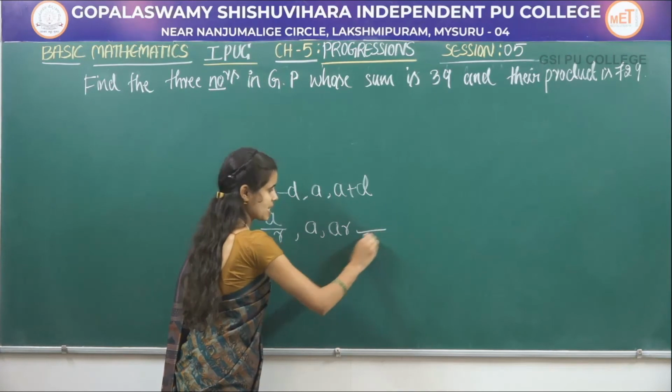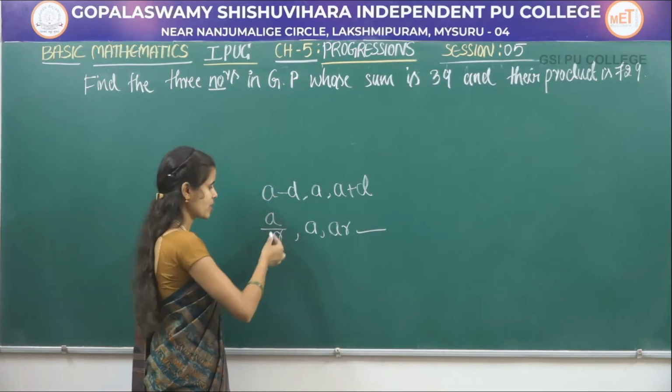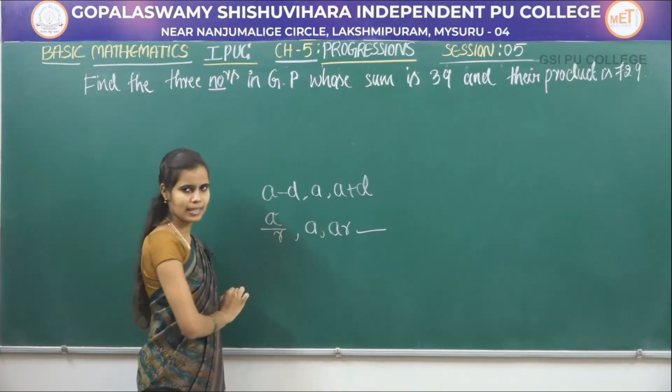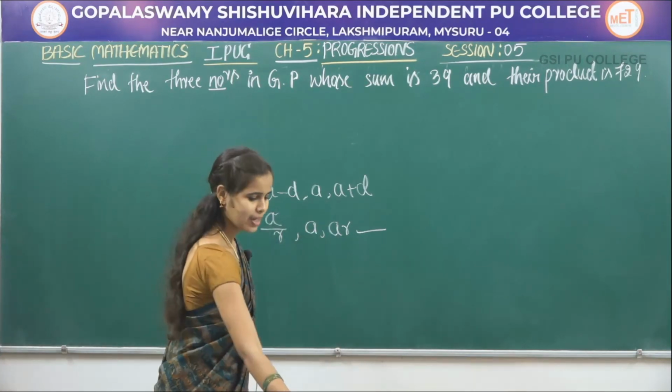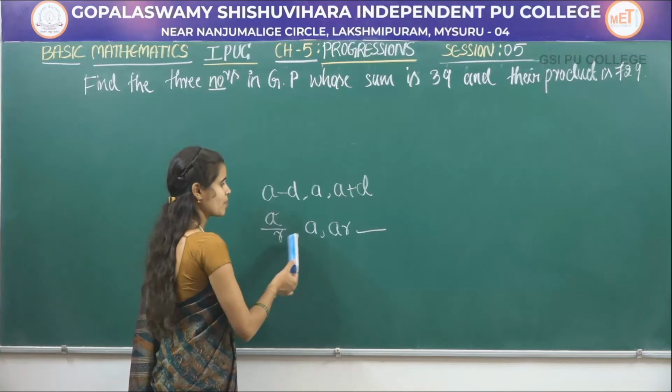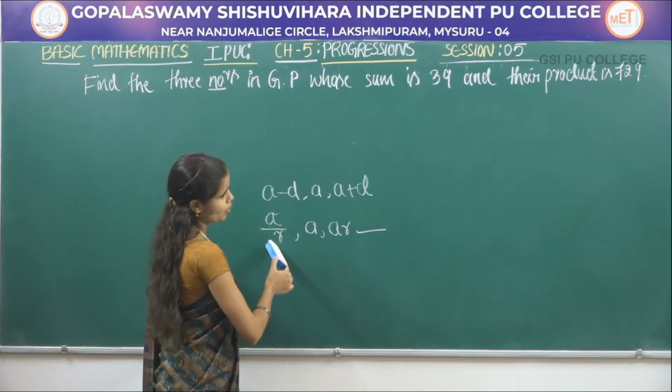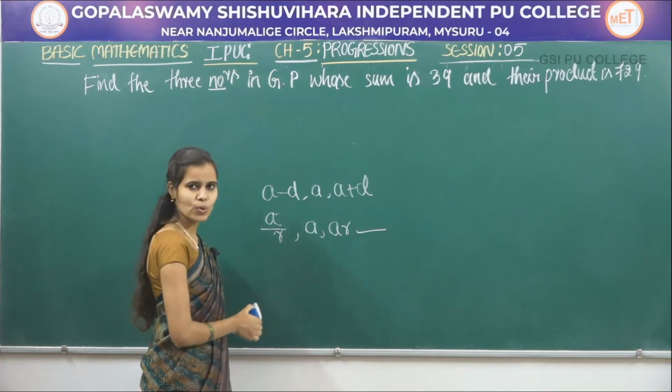To find these three numbers, first let us find the values of a and r using the given conditions. Given that the sum of these three numbers is 39 and the product is 729.